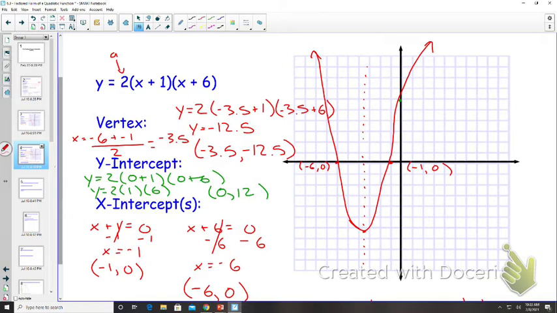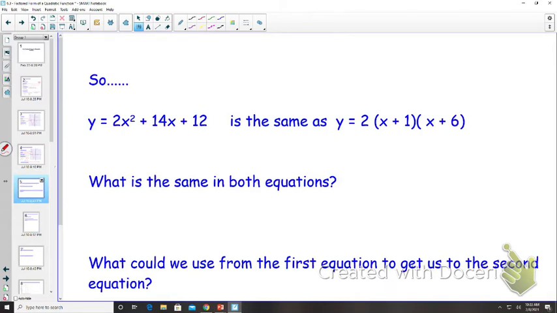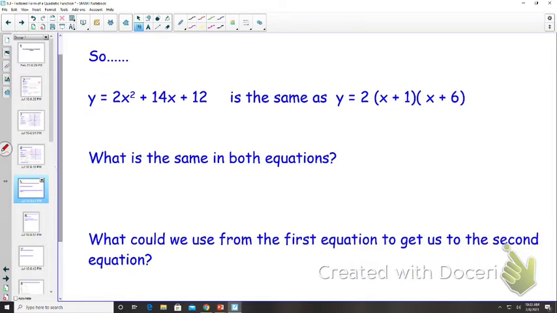So, same graphs, just a different way of presenting them, right? Cool. So, as we just said, 2x squared plus 14x plus 12 is the same as 2 bracket x plus 1 bracket x plus 6 bracket. Looking just at these two, what is the same in both equations?